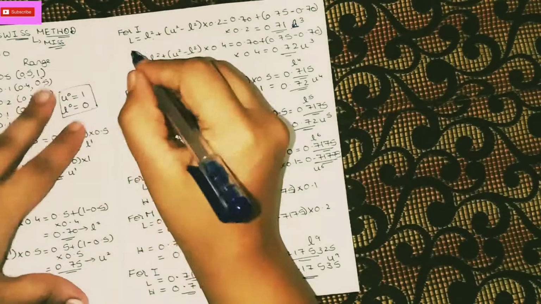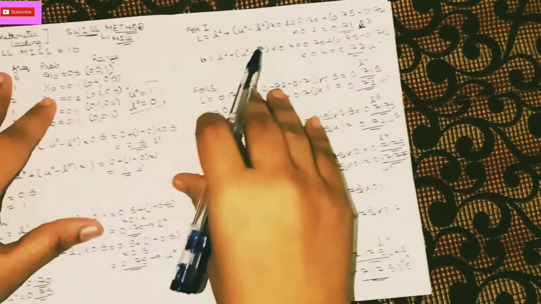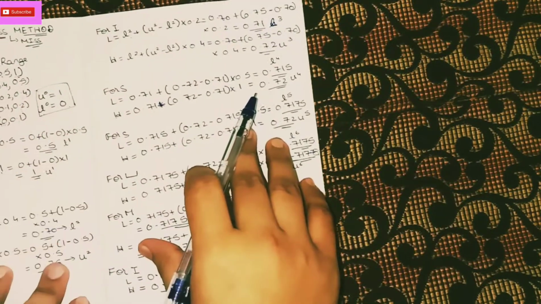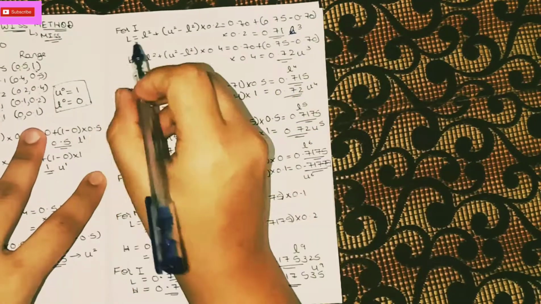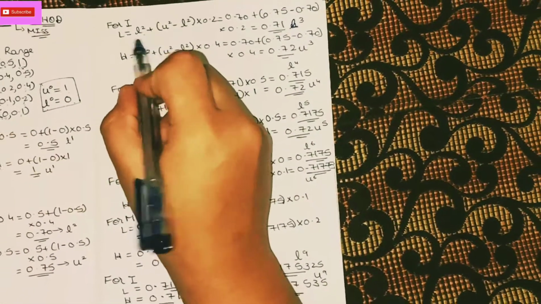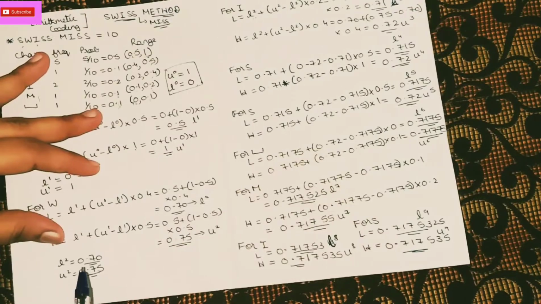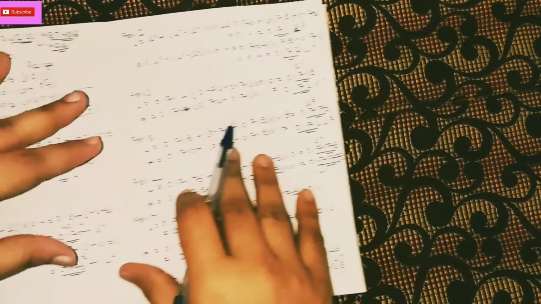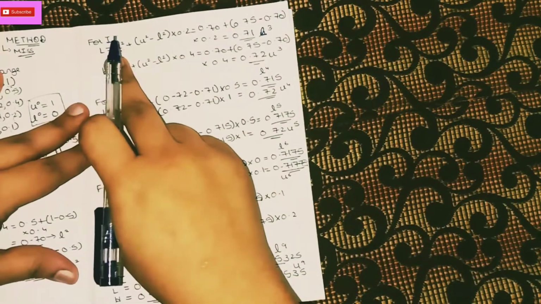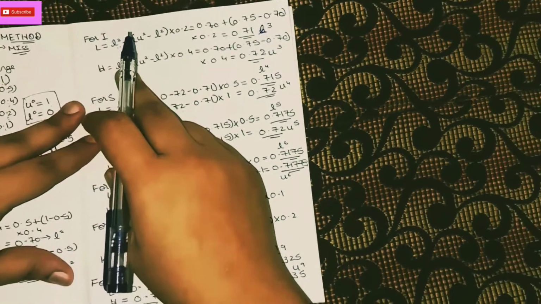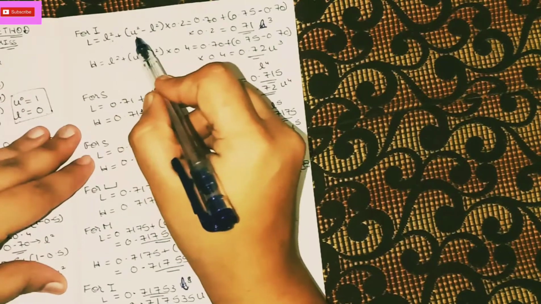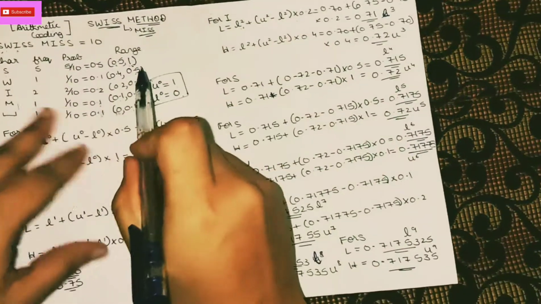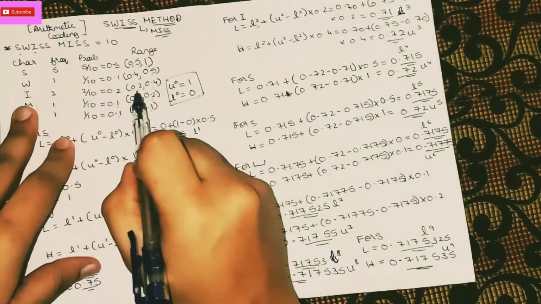Then we'll code for I. For I, the L2 value we got is 0.70 and the U2 value is 0.75. We'll use those values in this equation: L2 plus U2 minus L2, into the lower range of I. What is the lower range of I? It is 0.2.